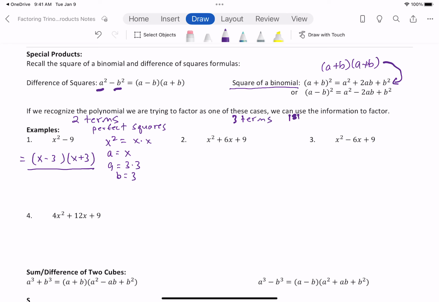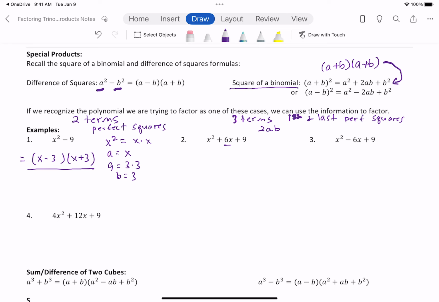The first and the last terms must be perfect squares. And they are. I have x squared, that's a perfect square. The last term is 9, that's a perfect square. And then the final thing that has to be true is that middle term, the 6x, has to be 2 times the a times the b.